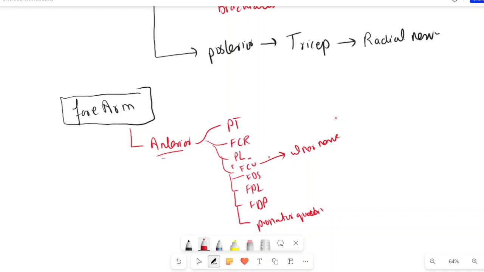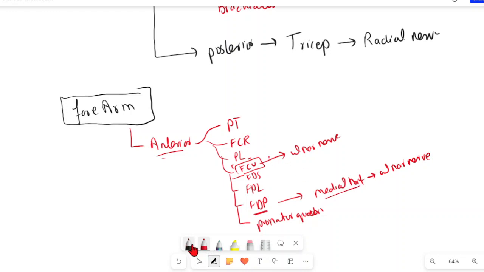Another is the flexor digitorum profundus, which has two halves. The medial half is supplied by the ulnar nerve, and the lateral half is supplied by the median nerve. So you have to remember these exceptions: flexor carpi ulnaris and the medial half of flexor digitorum profundus.